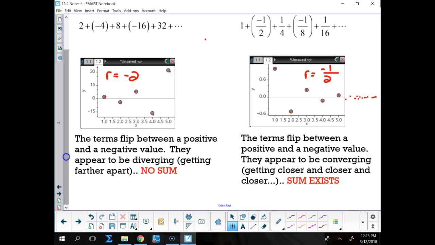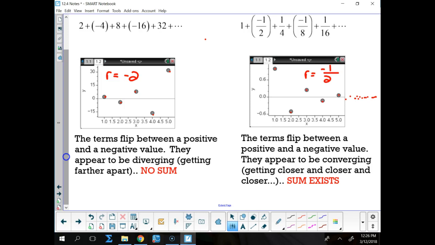What's my other possible value of R? We've had positive, we've had negative. What's my other possible value? Because it's not 0, remember. We talked about that a couple weeks ago. We can't have a value of 0.